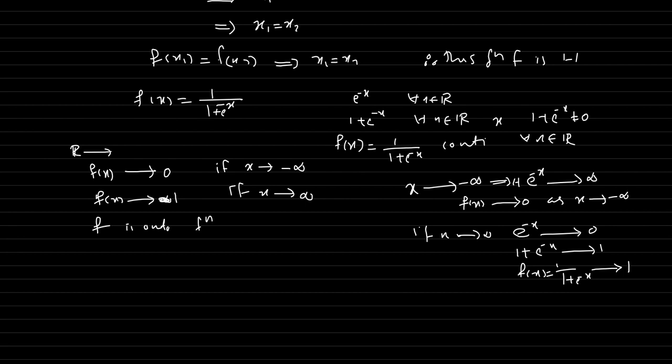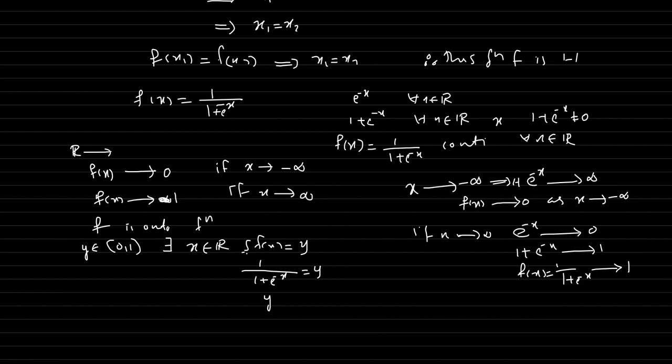And also here for each y in (0, 1) there exists an x in R such that f of x is equal to y. And when we look at x, f of x is equal to 1 by 1 plus e raised to minus x, which is equal to y.